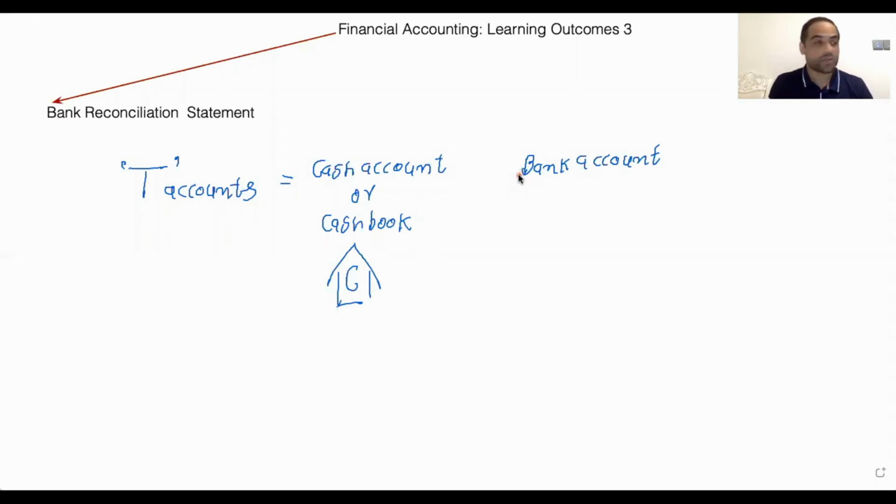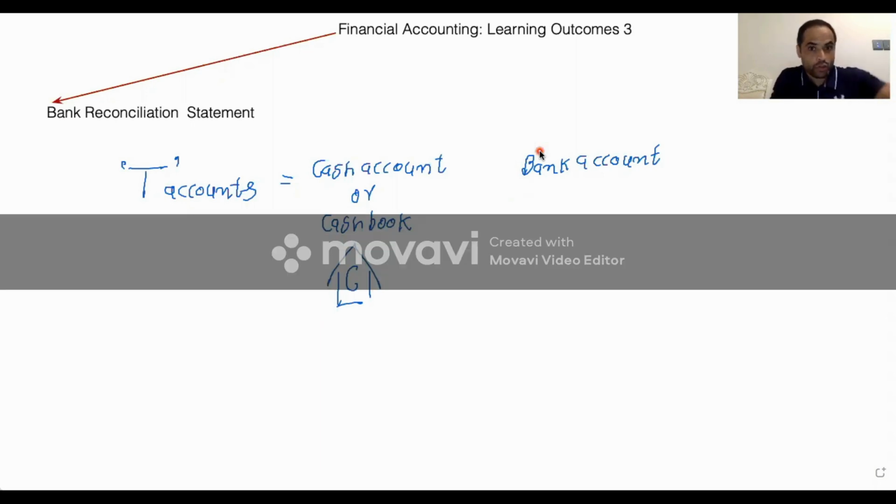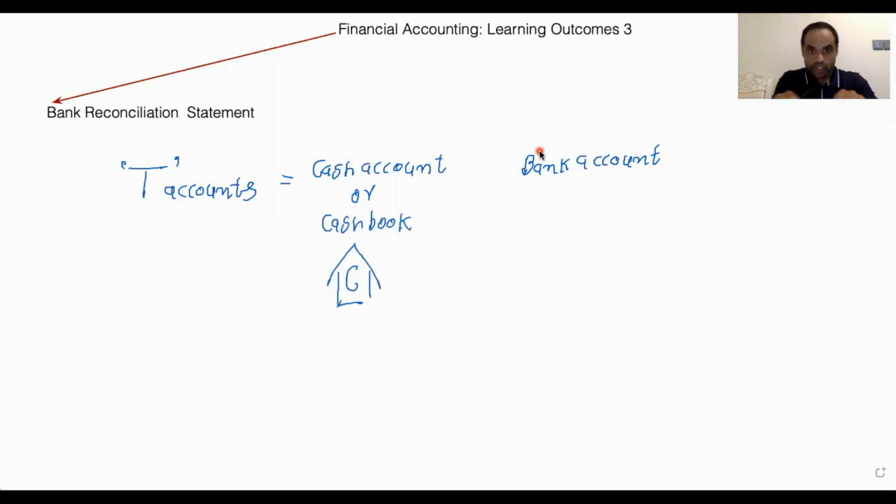You can't go to the bank and ask the bank to show you your accounts on their computer, and start making changes in your bank account. Of course not. The bank will do that for you. If money comes in, the bank will make changes in your bank accounts. If money goes out, the bank will make changes in your bank accounts.